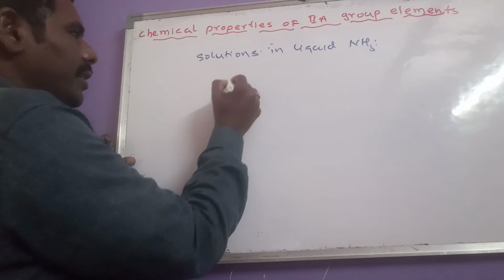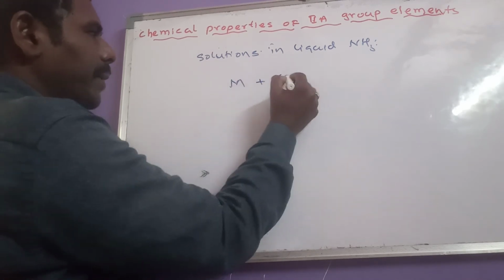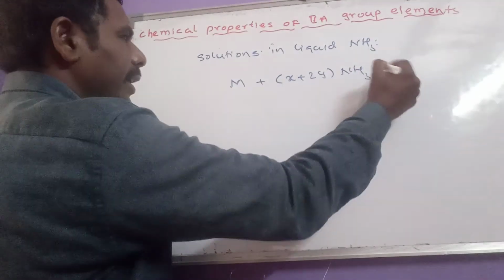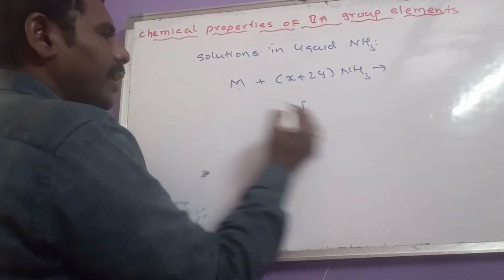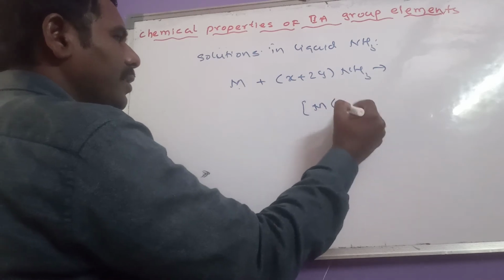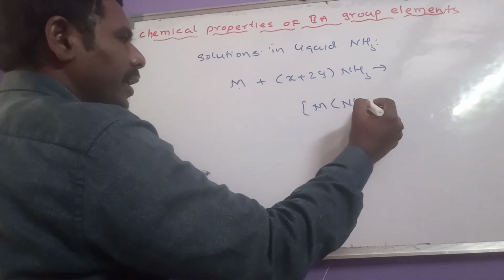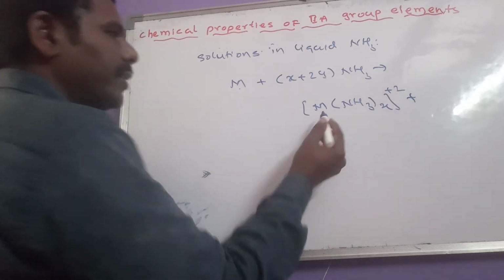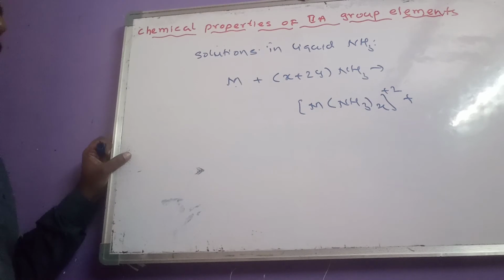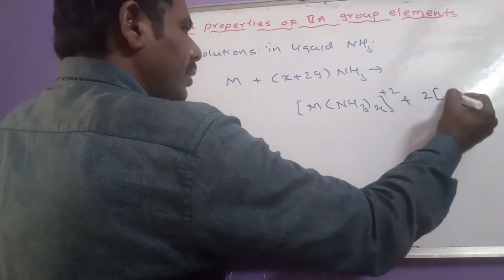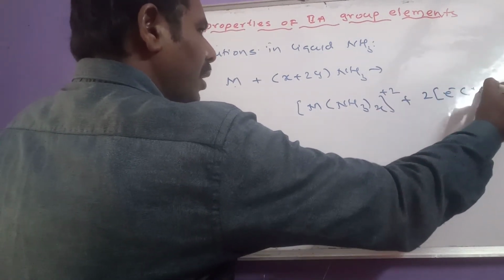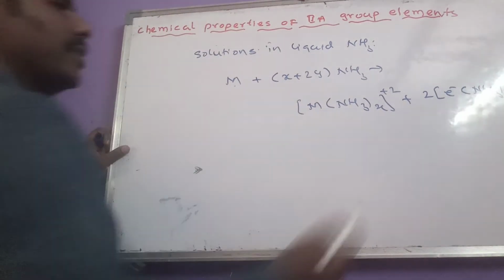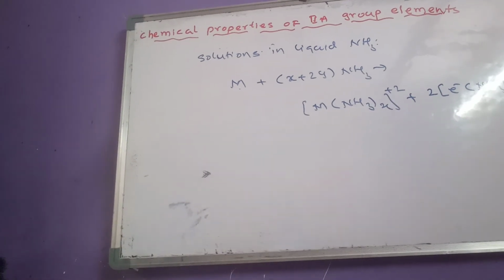So in liquid ammonia, let us see which type of compounds they give. Consider M, a second A group element, reacting with X plus 2Y moles of NH3. This alkaline earth metal loses electrons and is associated with X moles of ammonia. This is called the ammoniated metal ion, and 2 electrons are liberated. They are associated with ammonia. This is called the ammoniated electron.